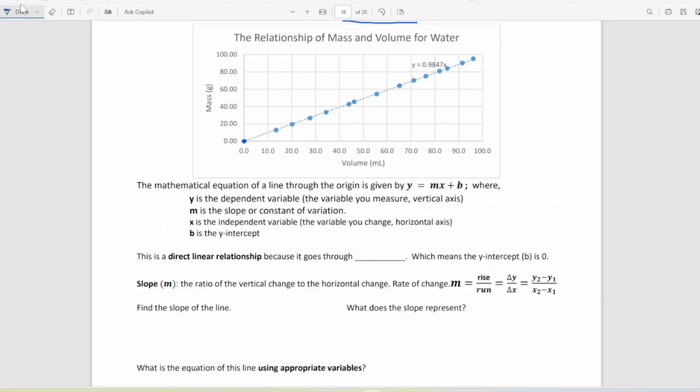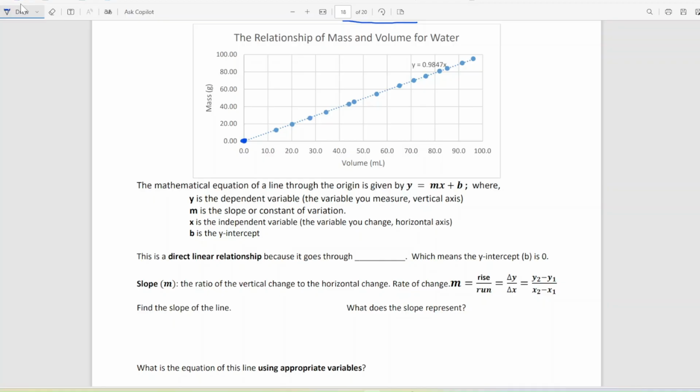Now, we're going to have a lot of data where the y-intercept is going to be 0, right? So for example, this one, it's the relationship of mass and volume for water. Again, my title included my independent and my dependent variable, and it gave some more details. Different masses of water occupy different volumes, or the way that this graph is done, different volumes have different masses for water.